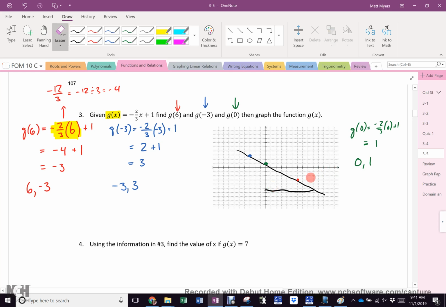Okay. Now, please notice that up until now, we have always been given a g, right? G of x, g of 6, g of x, g of negative 3, g of x, g of 0, yes? What's different in number 4?